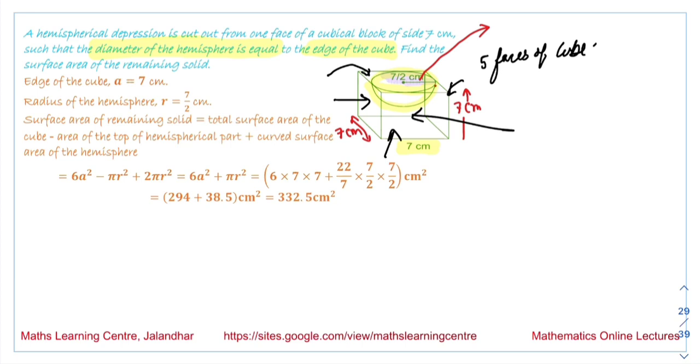At the top portion it is a box, and from this box we are cutting out this circular portion. So the remaining area from the top is equal to the area of this face, a square, minus the area of this circular region.